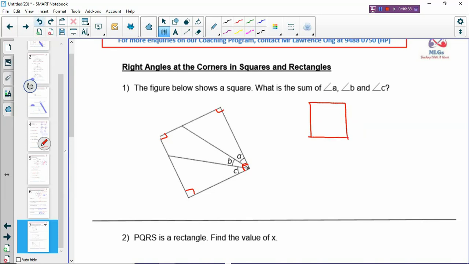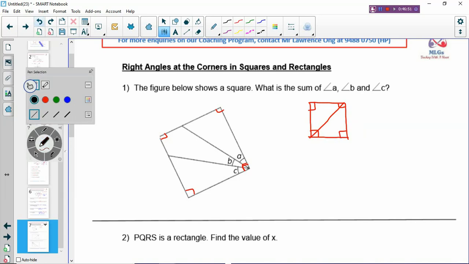So you have a square and a right angle at the corners, and if you cut the square nicely into two halves, you cut the right angle into half as well, which means that each side of the right angle, like this is 45 and this is also 45. Now this is a very important property.